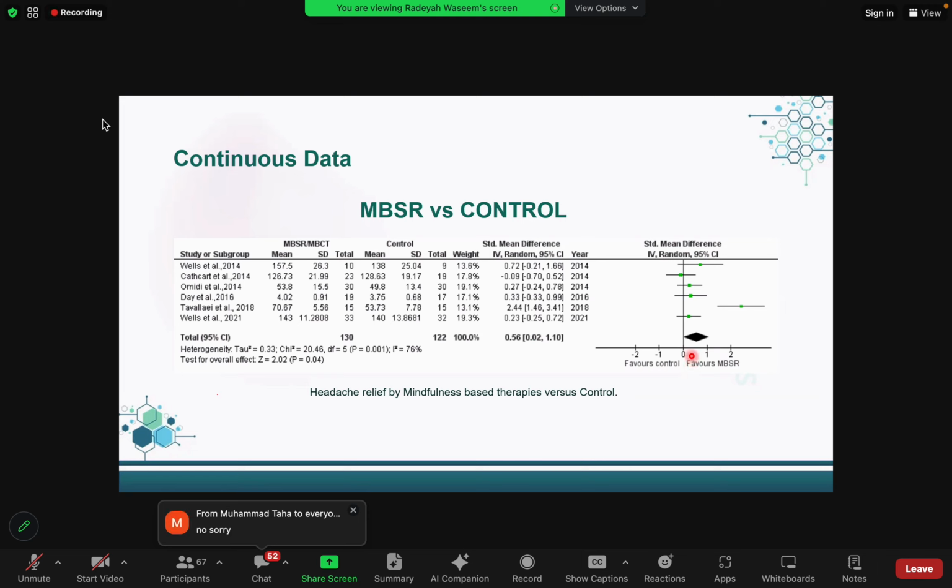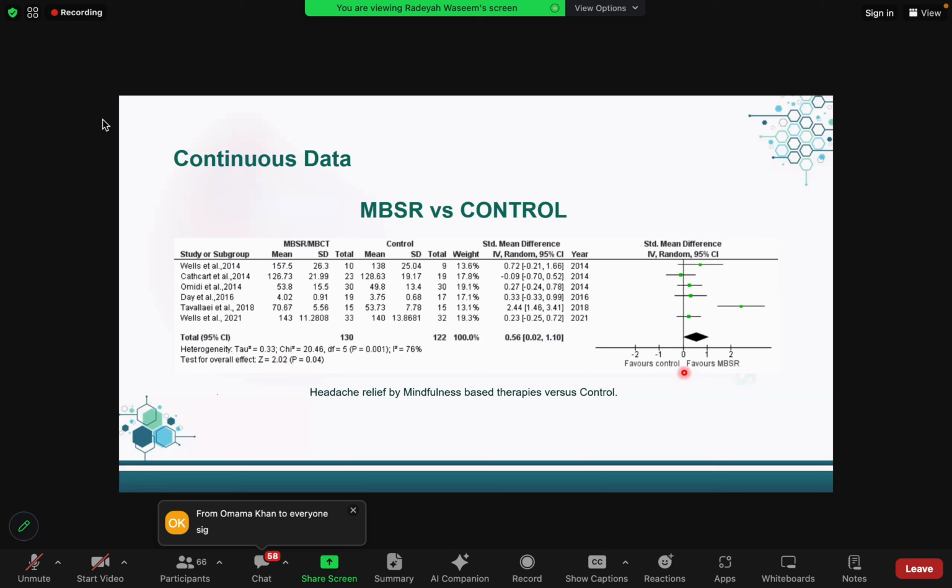You think it is non-significant because it is touching the line, but look at the p-value again. I told you the second thing we look at is the p-value. The p-value is 0.04. That means the result is significant. If you zoom this graph further, you will see that this diamond is not touching that line.